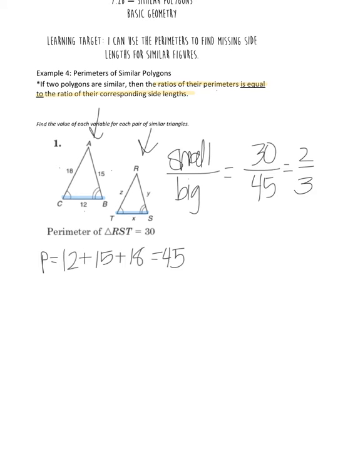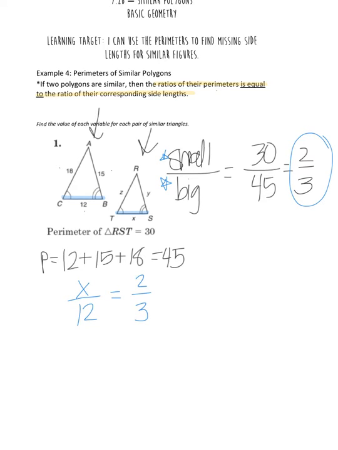We said we're always going to go small to big. So I'm going to say small triangle x to its corresponding side length in the big triangle, 12, is going to be equal to 2/3.